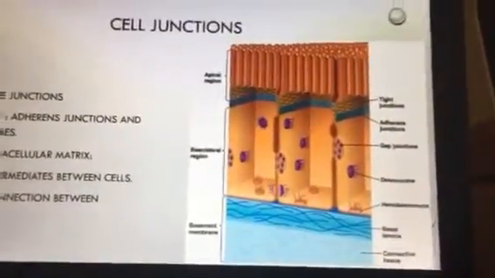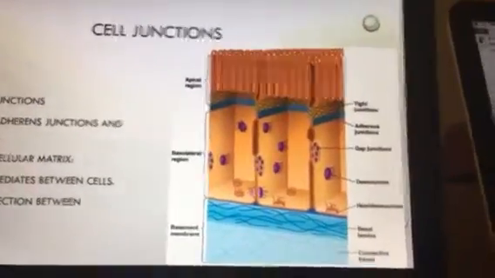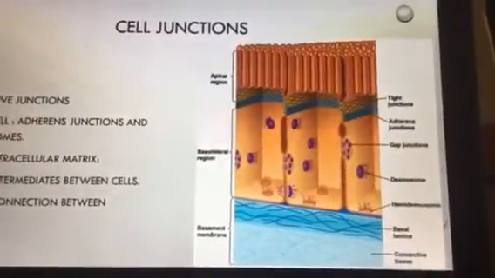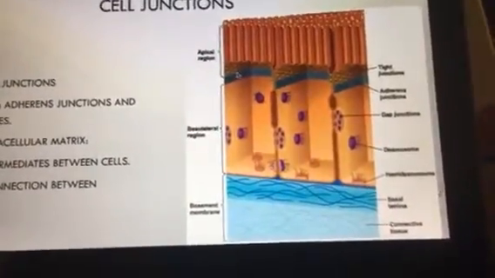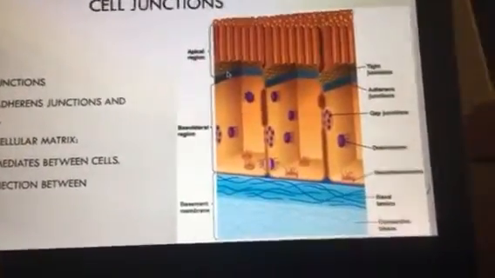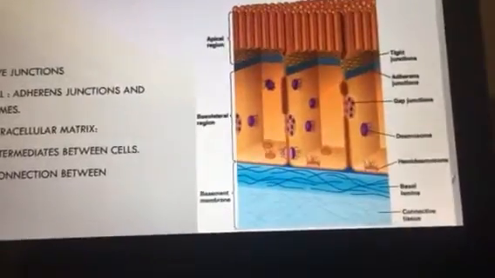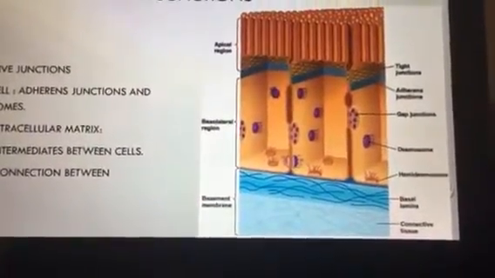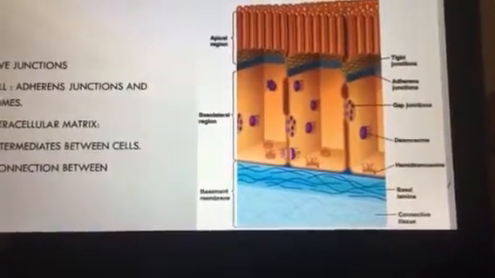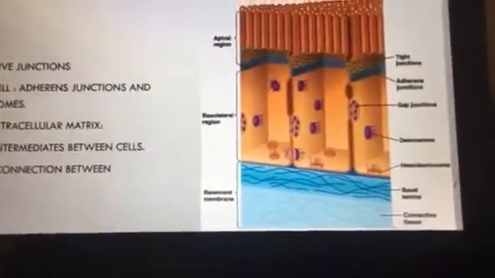And then you have the adherens junction, the belt around the apical region, right here. Adhesive junctions, as I said, are cell-cell adhesive junctions, and desmosomes, and extracellular matrix.